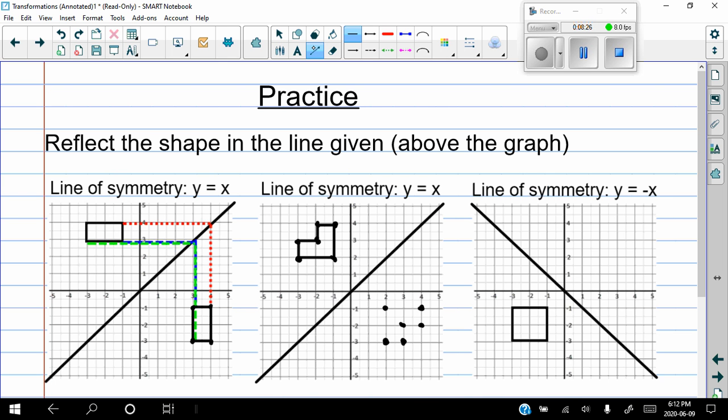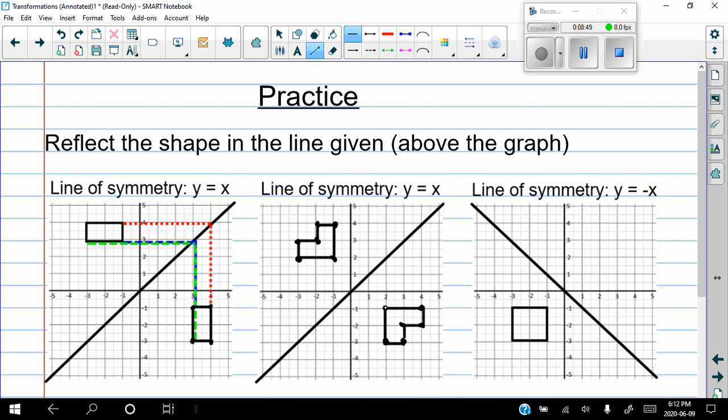And this is where you might have wanted to connect your points as you're going. But if you didn't and you're connecting them after, just take a look at your original shape if you're in doubt and make sure that you want it to be a reflection on that line. So you know that that little cutout part is going to be facing away from the line or furthest away.